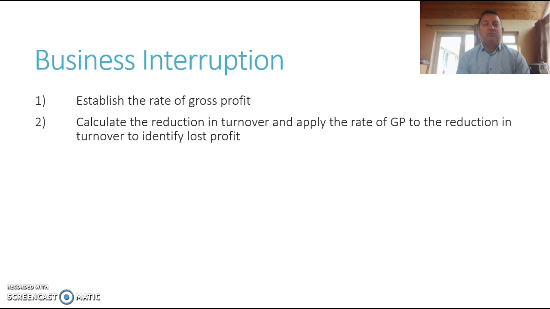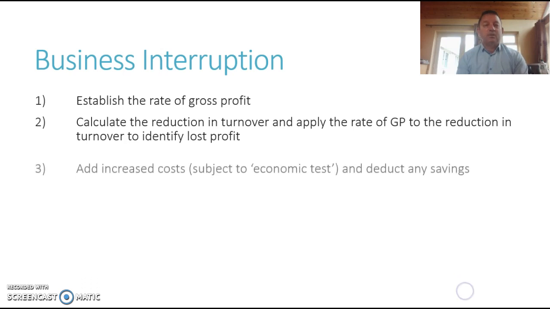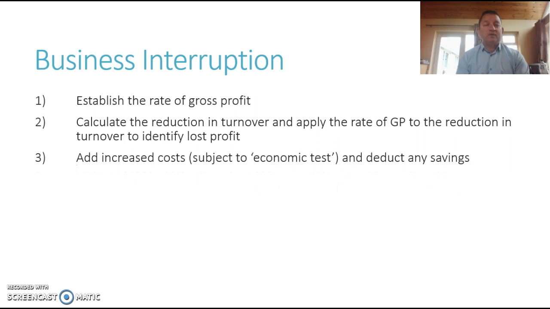And we're going to apply the rate of gross profit to the reduction in the turnover, and this will allow us to identify the lost profit. We're going to add increased costs, which have been subject to the economic test, which we'll discuss later, and we're going to deduct any savings. Finally, because the policy is subject to average, we will need to check for underinsurance.